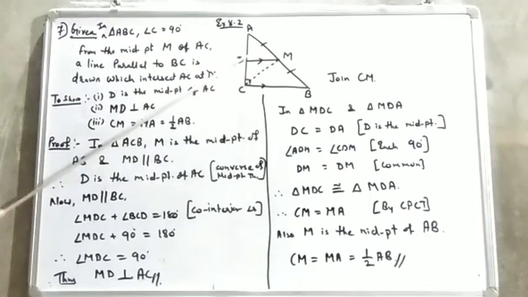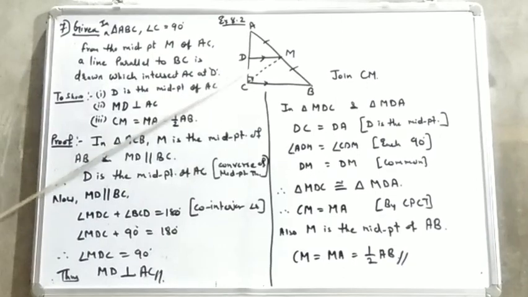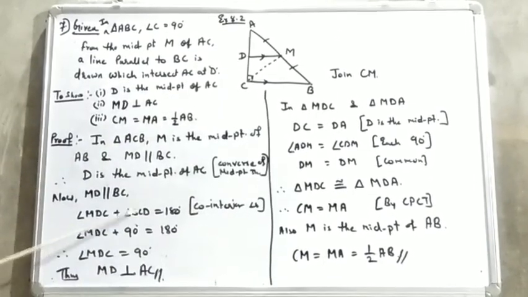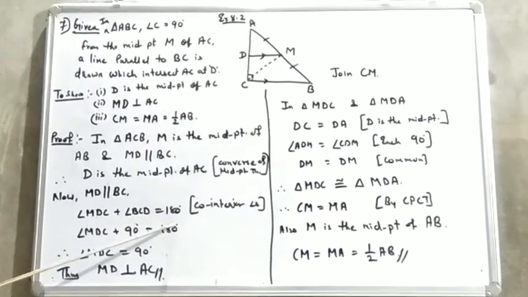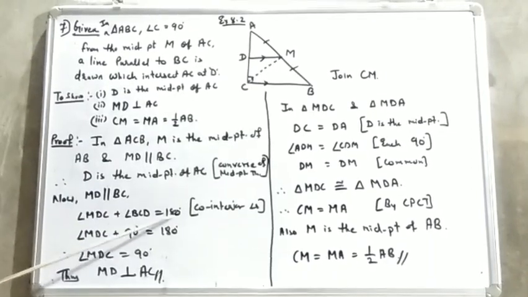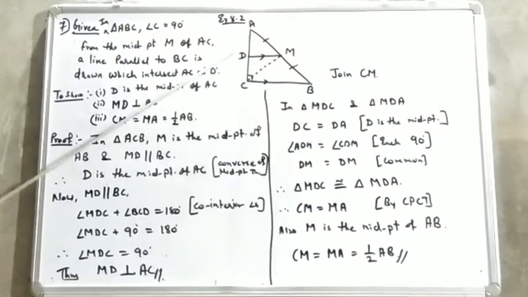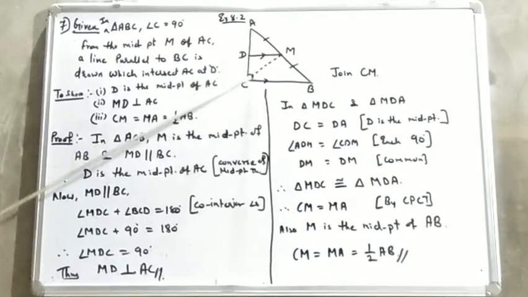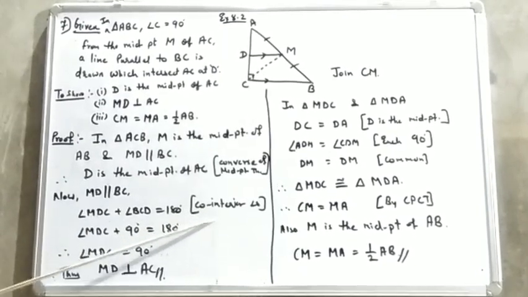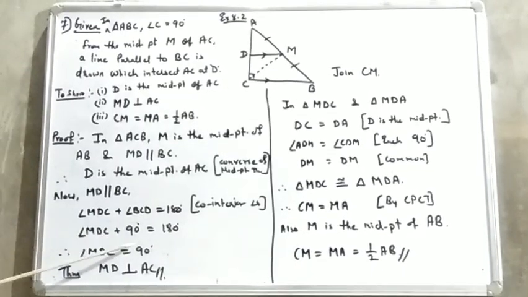Now if MD is parallel to BC, then these two angles are co-interior angles, and as we know the sum of co-interior angles is always equal to 180. So angle MDC plus angle BCD is equal to 180 degrees. The measurement of angle BCD is given as 90.